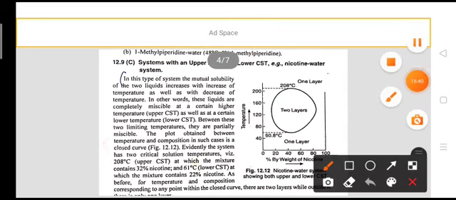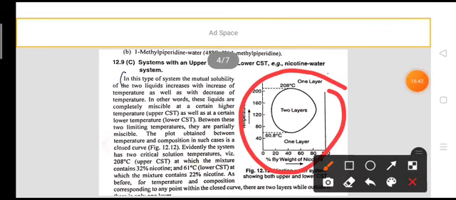So this is the graph, this is a plot of temperature versus mutual solubility of nicotine and water. It is a plot of temperature versus mutual solubility of the two liquids.